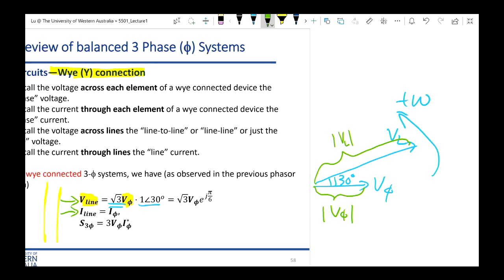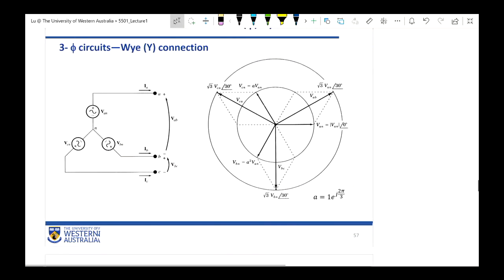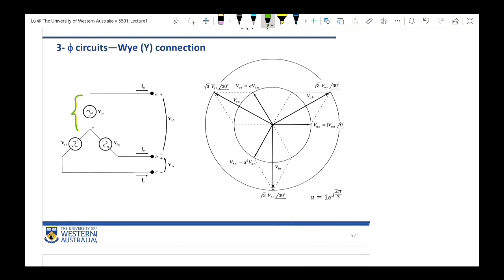So what is the relationship between the line current and the phase current? If you go back to our connection here, you can see we have the phase current. Where's the line current? The line current is in the transmission line here. This is the line current. But if you focus on the connection between the phase and the line, these two line segments are connected to one single point.